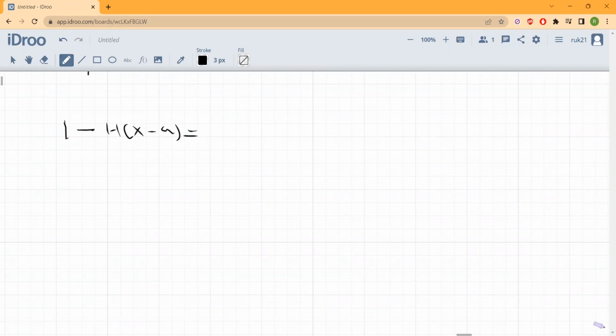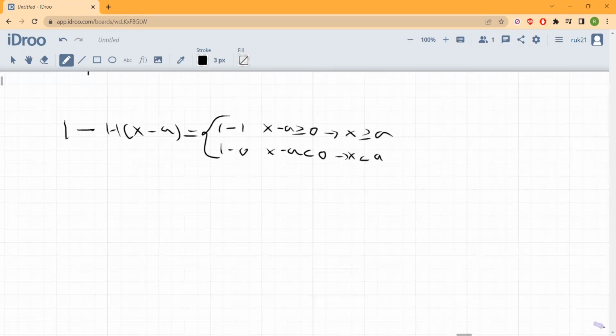We can say 1 minus 1, because the two outcomes for h of x are 1 or 0. So it's 1 minus 1 when x minus a is greater than or equal to 0, because that's what we have in the Heaviside, and 1 minus 0 when x minus a is smaller than 0. Again, we can simplify this to x is greater than or equal to a, and x is smaller than a.